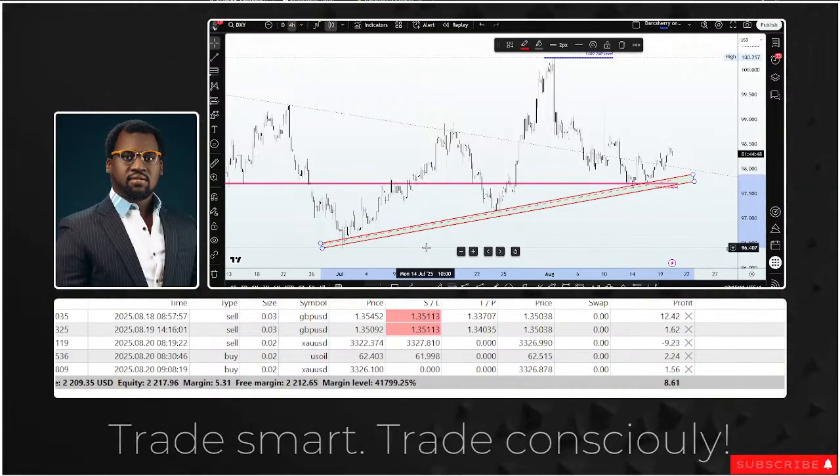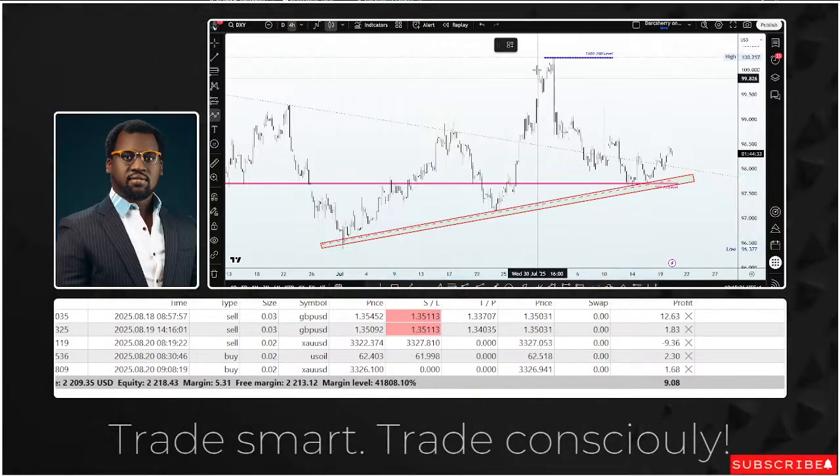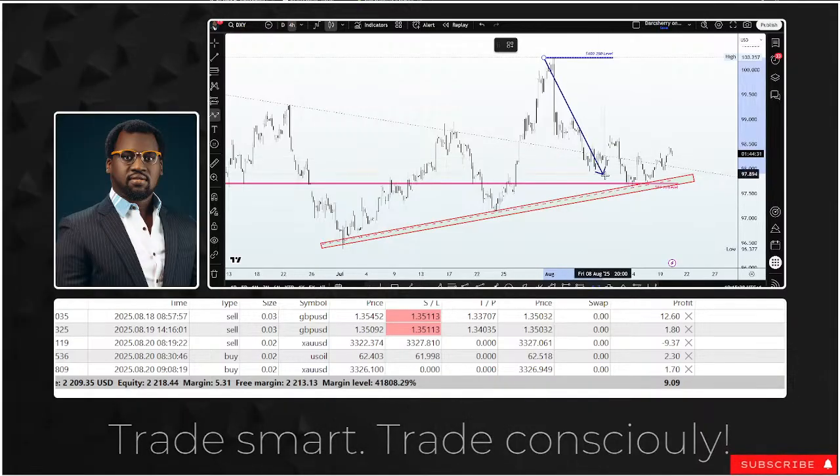And if you remember vividly, I did go on to mention that we will continue to look out for bullish expectations on the US dollar, especially considering the technical fact here that the dollar still remains above this ascending trend line. So we saw what happened in the last couple of weeks.